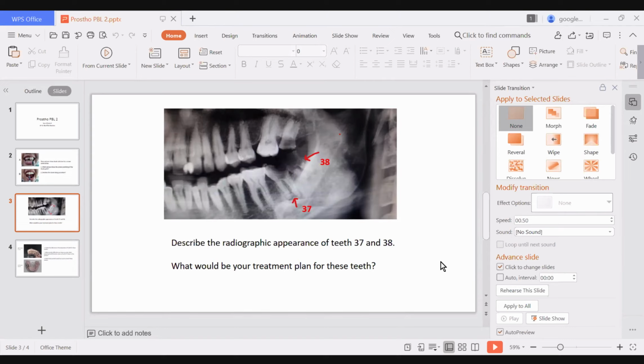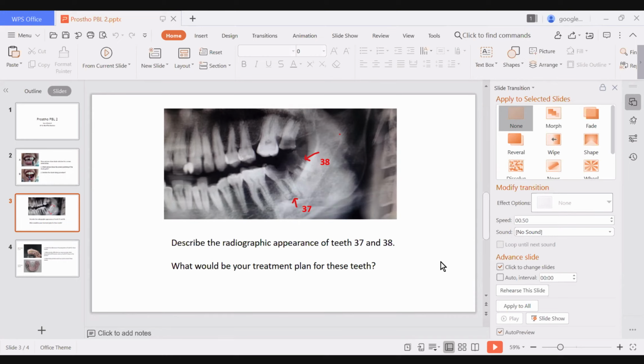Okay. So basically, all of you answered generally correct about what you saw in the X-ray. Maybe the terminologies used are not entirely accurate. For example, if I describe this, I wouldn't really say disto-occlusal or mesio-occlusal. I would probably answer more on the coronal structure.